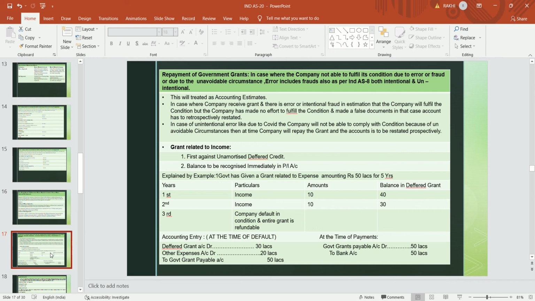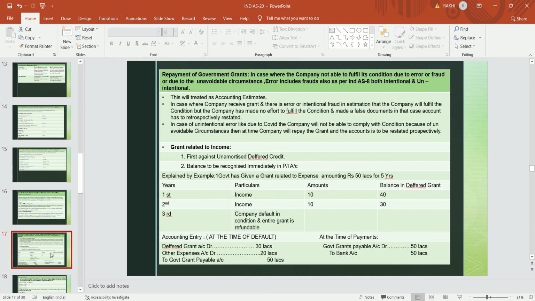In that case, the grant has to be repaid by the company to the government. This applies where the company is not able to fulfill the condition due to error, fraud, or unavoidable circumstances. Error includes fraud, and fraud may be intentional or unintentional as per Ind AS 8.